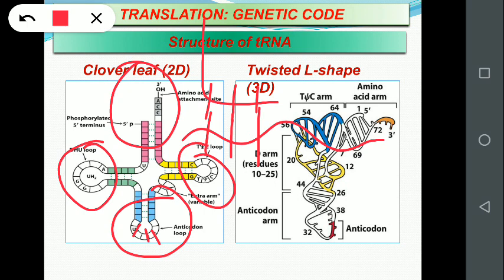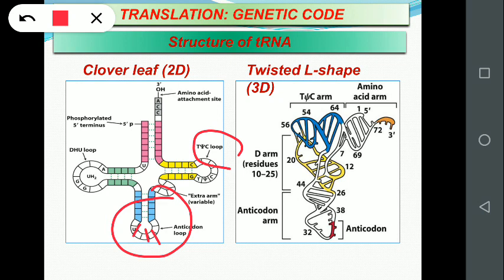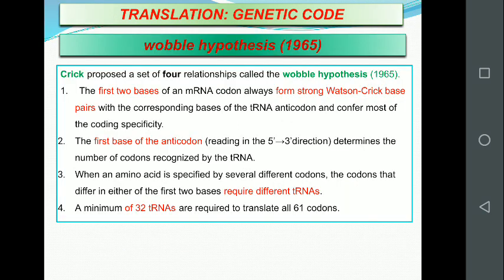We have the DHU loop, the dihydrouridine loop, and the TψC loop, the pseudouridine loop. And an extra arm is also there. So this is about the structure of tRNA.